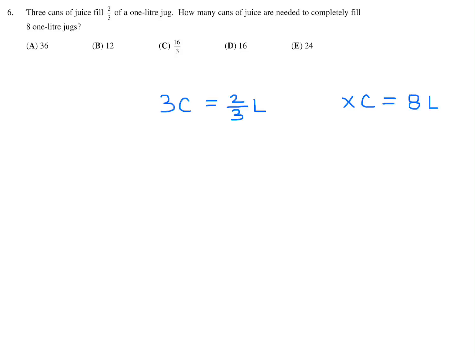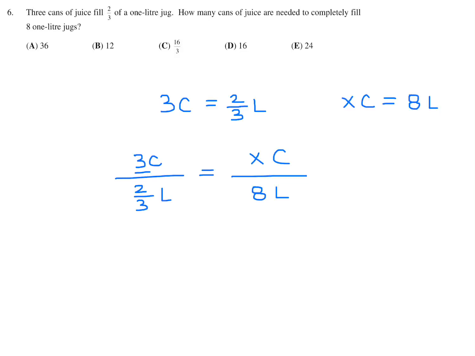So this is just a ratio question. 3 cans over 2/3 liter is the ratio, and therefore if we want to know how many cans are going to be equivalent to 8 liters, we just have to put that in the numerator on that side and then just cross multiply.